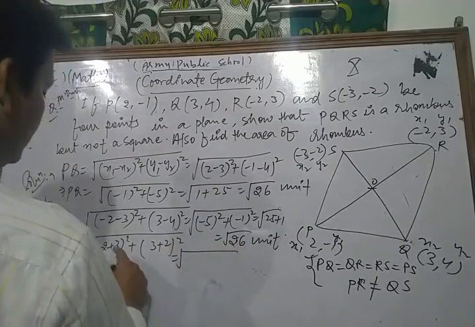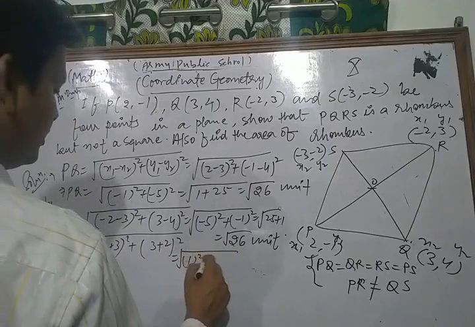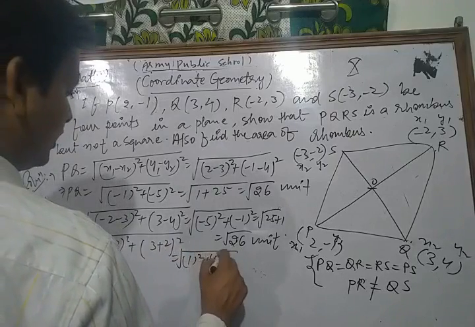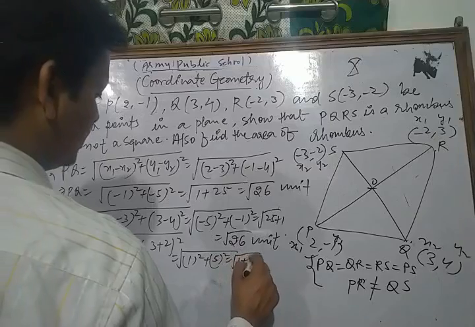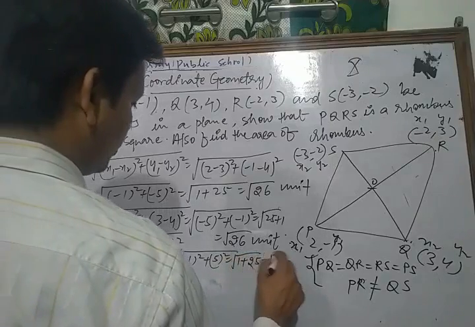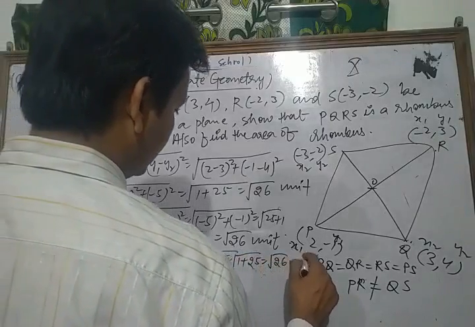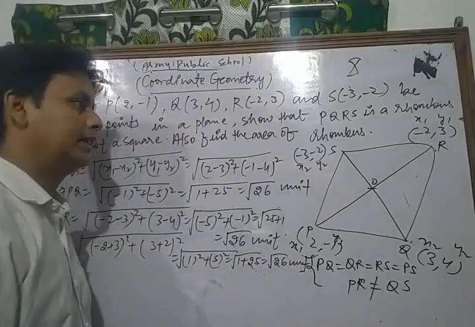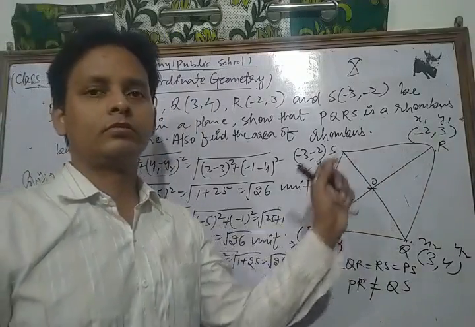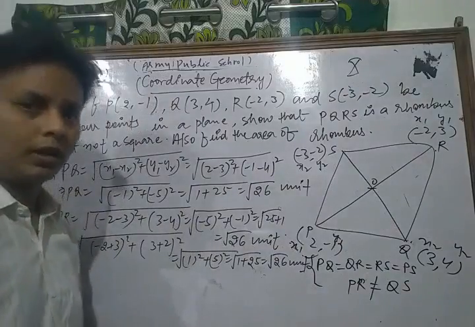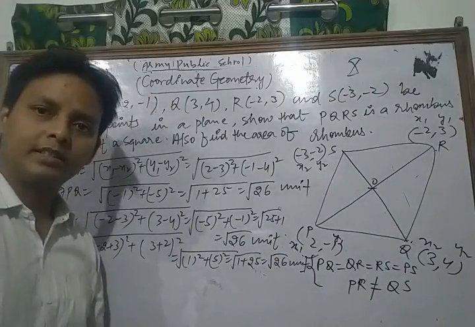So we get 1 whole square plus 5 square, 1 plus 25, that is under root 26 units. So distance RS is also equal to under root 26 units.